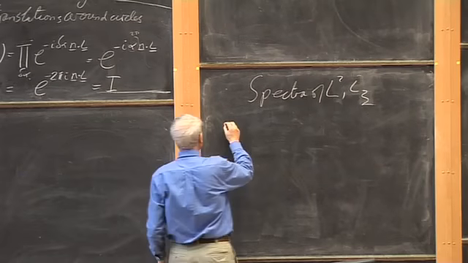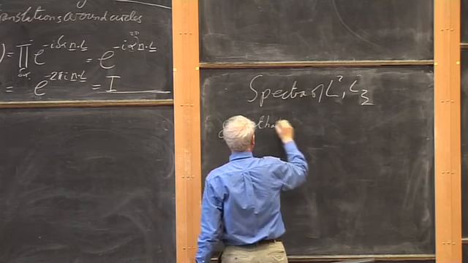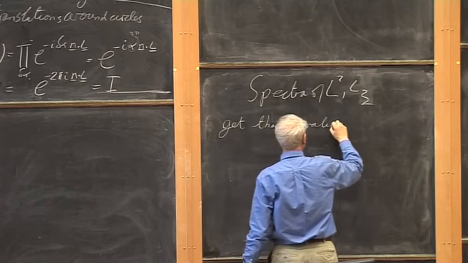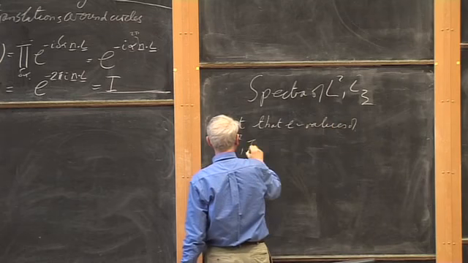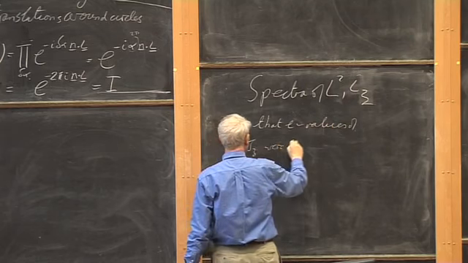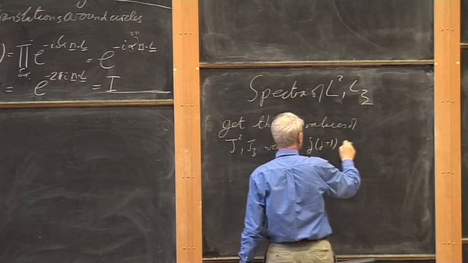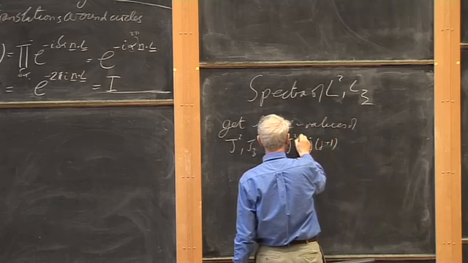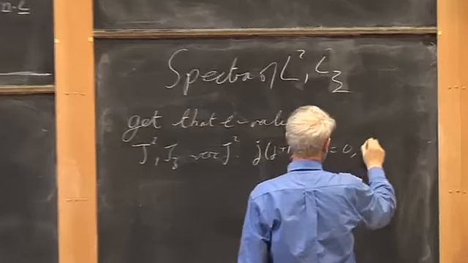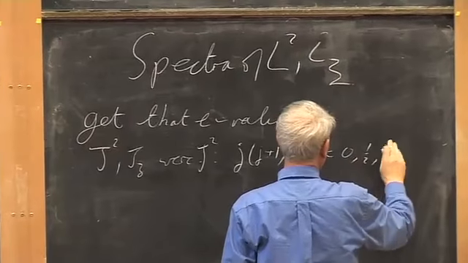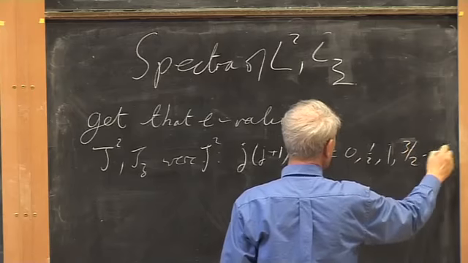So we got that the eigenvalues of J squared were j times j plus 1, where j was 0, a half, 1, 3 halves, etc., right?